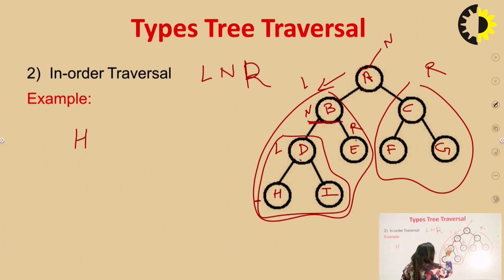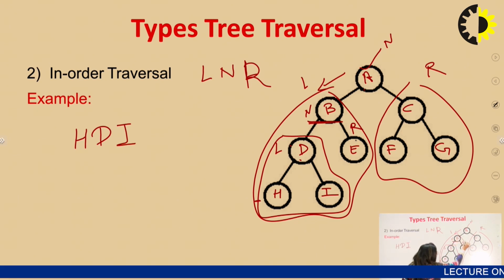So according to this binary tree, left, root, right. So complete this one, D as a root node. Now comes the right side of this tree, that one is I. So L and R we use.